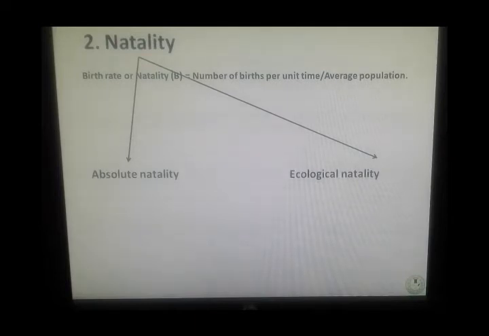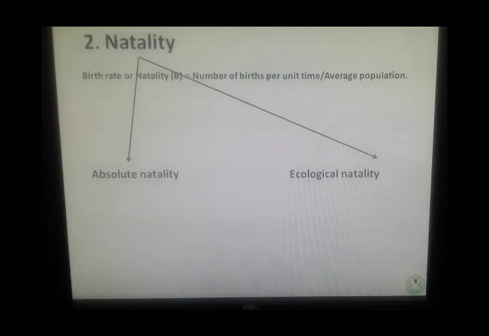Now, the second category, ecological natality, refers to the increase in population under specific environmental condition. That means the different factors in the environment can play their role in increment or decrement of the birth rate of an insect.